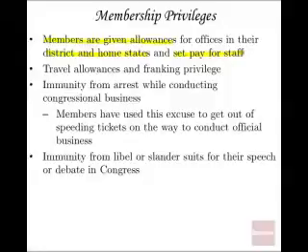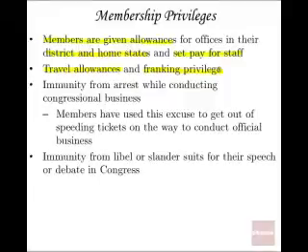So you're given a certain budget, and I'm sure there are guidelines, especially for newer members, to figure out how to set that budget. But that's the prerogative of the member. They're kind of in charge of their own small business, so to speak, right? And in addition, they're given travel allowances. And again, that Franklin privilege really helps out because their postal costs are fairly minimal in that regard.